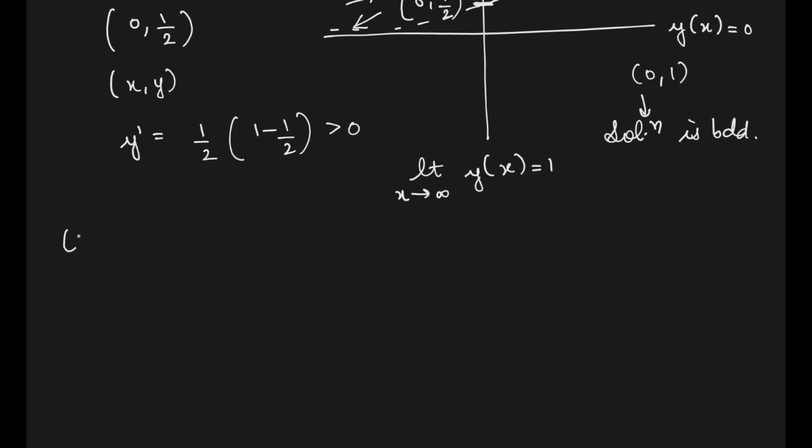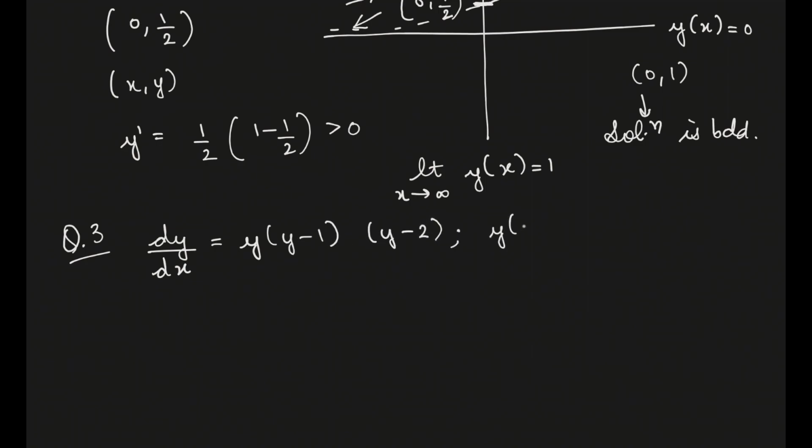Now I am giving you one question to try. Please try. dy upon dx is equal to y, y minus 1, y minus 2, y(0) equal to 3 upon 2, and limit x tends to infinity y(x).